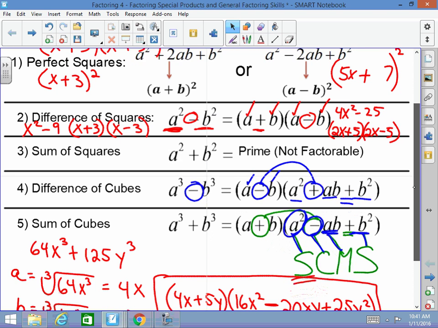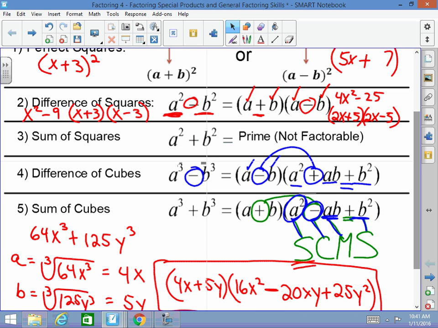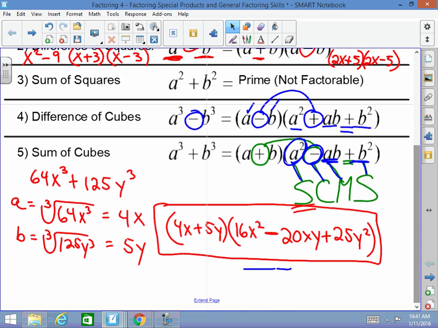If you put x plus 3 times x minus 3, or if you put x minus 3 times x plus 3, it does not matter because of the commutative property. Any other questions before we start practicing?